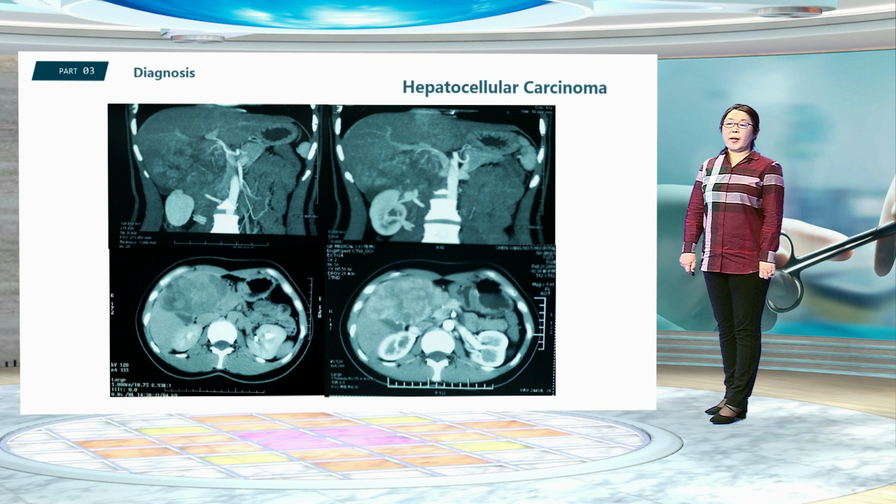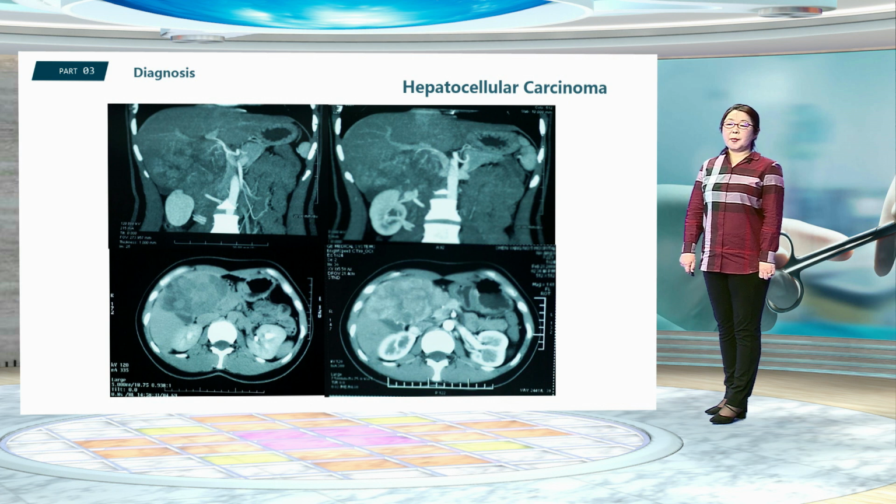Imaging techniques are very important to detect HCC at an earlier, potentially curable stage. The standard imaging techniques are contrast-enhanced ultrasonography, contrast-enhanced CT, and MRI.